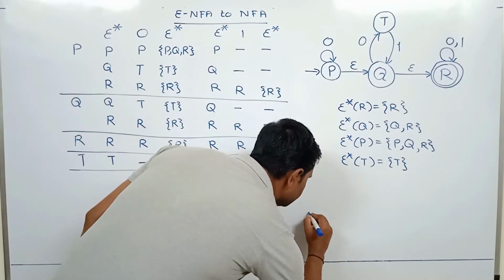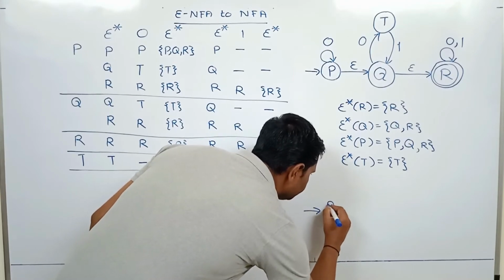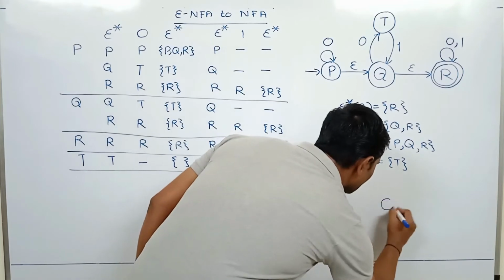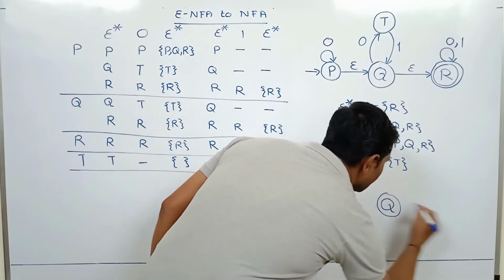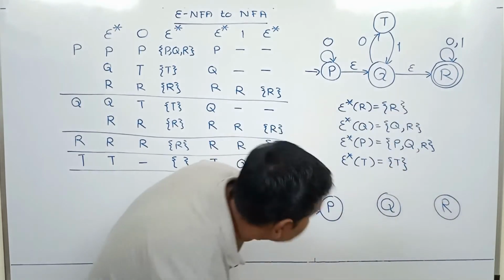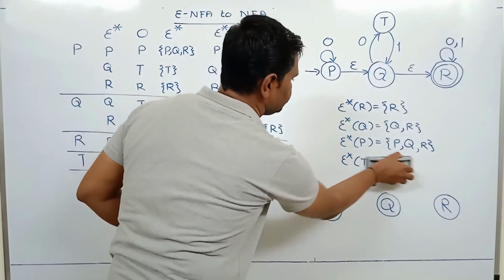So first we have to consider initial state P, then Q, R. I have to make some space.